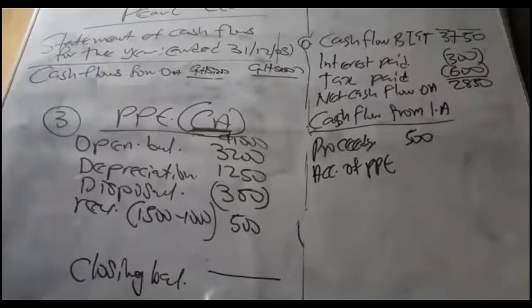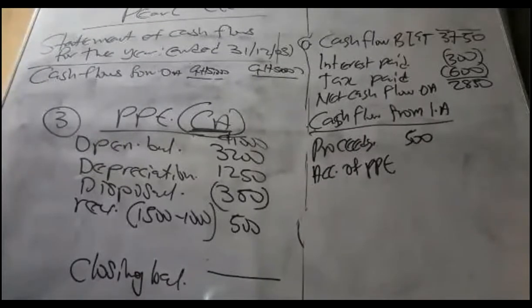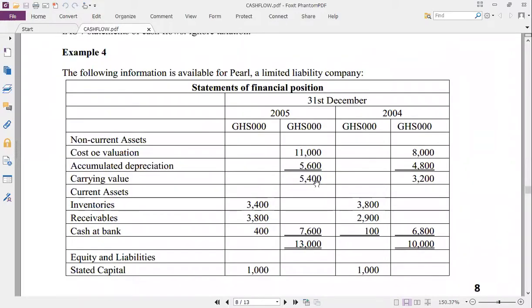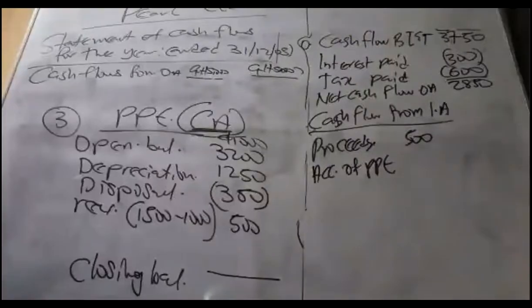Now the closing balance of PP, the current amount of the PP at the end, is 5,400. Yes, it's 5,400. Great.